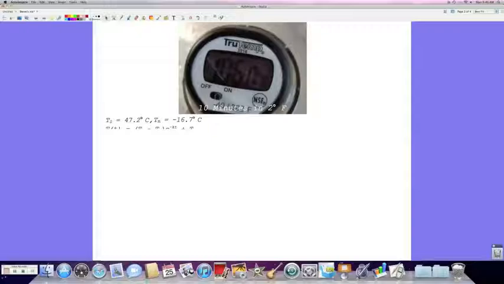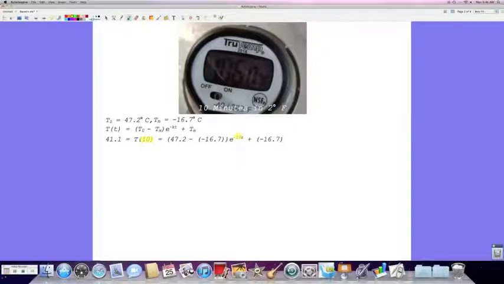Now let's take a look at Newton's law of cooling, where we take time and temperature into account, and we need to calculate our value for K. After 10 minutes, I took a reading of 106.0 degrees Fahrenheit, which equaled 41.1 degrees Celsius.